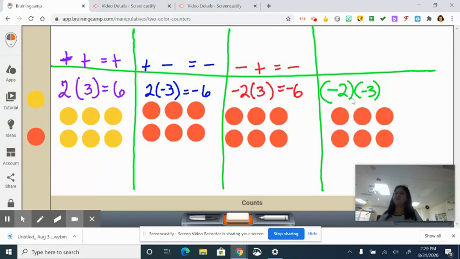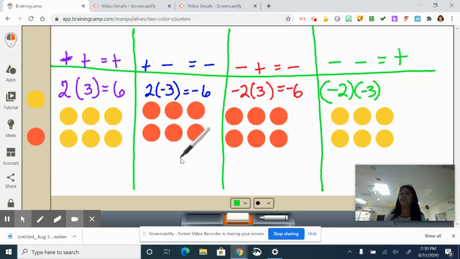So now I have 2 groups of negative 3, but I need negative 2 groups of negative 3. So I'm going to take the opposite of my counters because I want the opposite groups. What's my answer? Positive 6. I took a negative and multiplied it by a negative, and it gave me a positive. A negative times a negative is a positive.